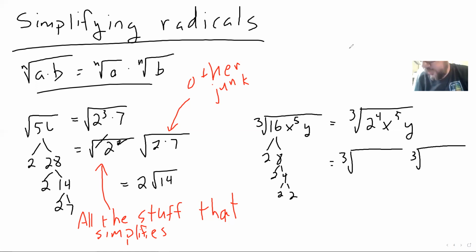So I have 4 2s, so I'm going to take 3 of them and put them over here. And then the one remaining 2 is going to go over there. I got 5 x's, so I'm going to take 3 of them, put them over here, and the remaining 2 x's are going to go over there. I have 1 y, so I don't have enough to put anything under the left radical, so that's just junk, and it goes over here. Well, the 3rd root of 2 to the 3rd x to the 3rd, when I divide all the exponents by 3, is 2x.